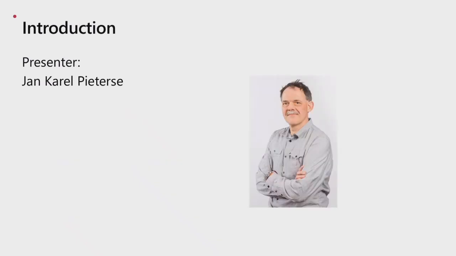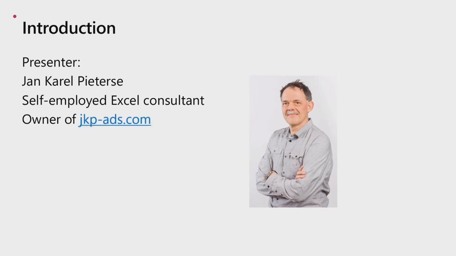So let's dive in. Who am I? I'm Jan Karel Pieterse, as I said earlier, and there's my picture of probably already 4 years ago. I'm a self-employed Excel consultant, and I own a website called jkp-ads.com.